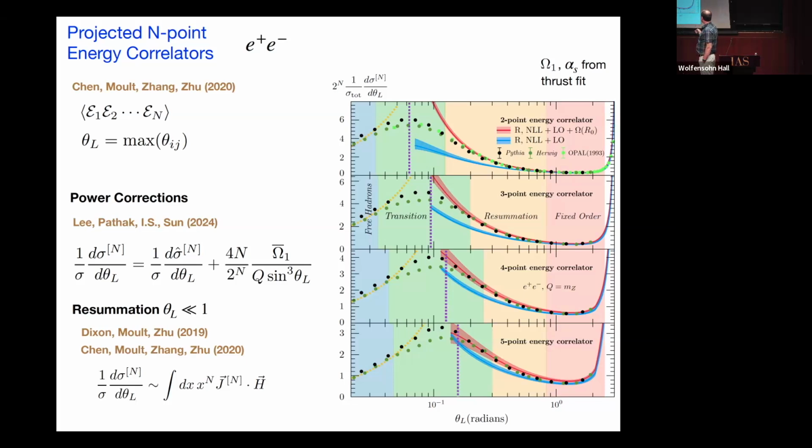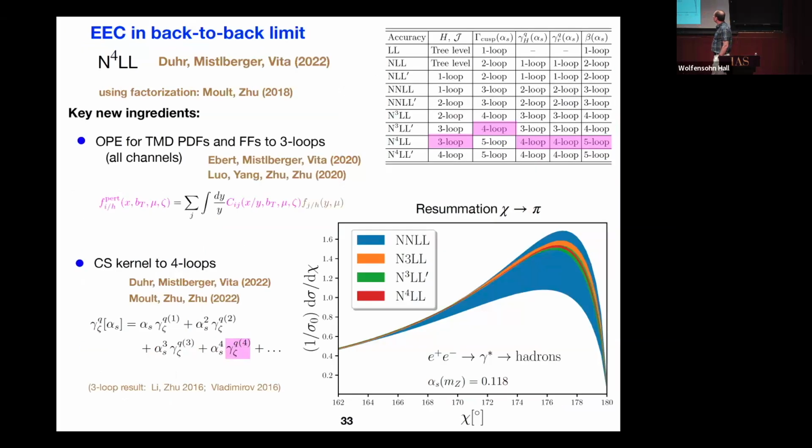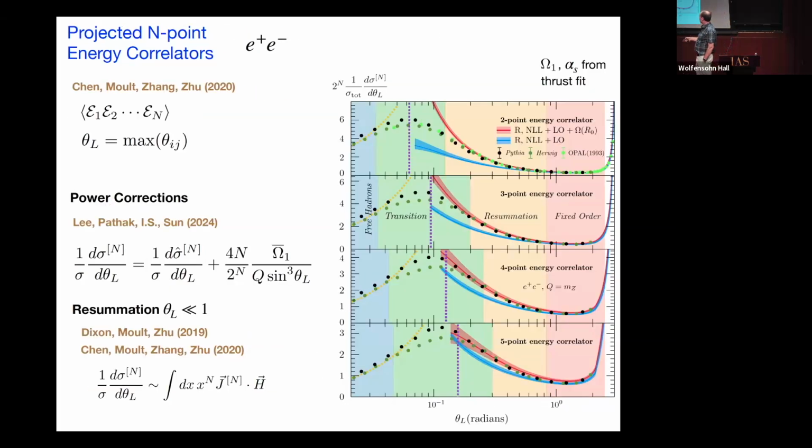And we've checked that in this region the power correction model also seems to be doing a good job of describing the data, going from the blue curve to the red curve. Again, without any fitting, this is just taking those values from thrust. There's also some resummation that's needed in this region, so that's included as well.